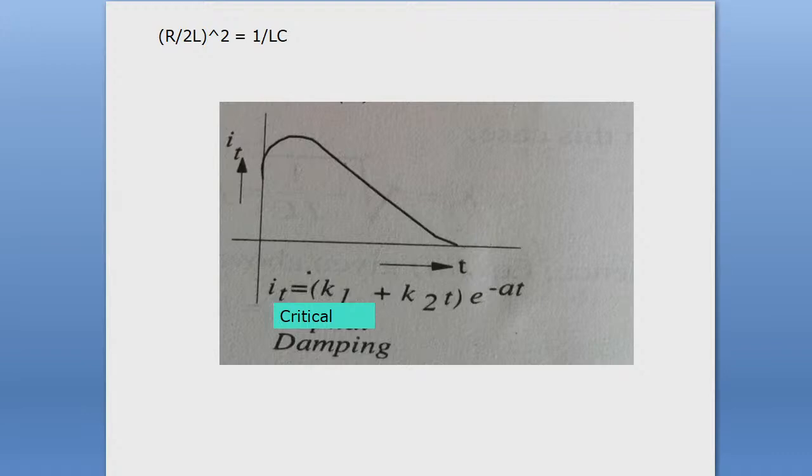I personally suggest you please understand the behavior of underdamped, overdamped and critically damped response. Overdamped and critically damped are a little bit confusing, complex. So try to understand these two things.